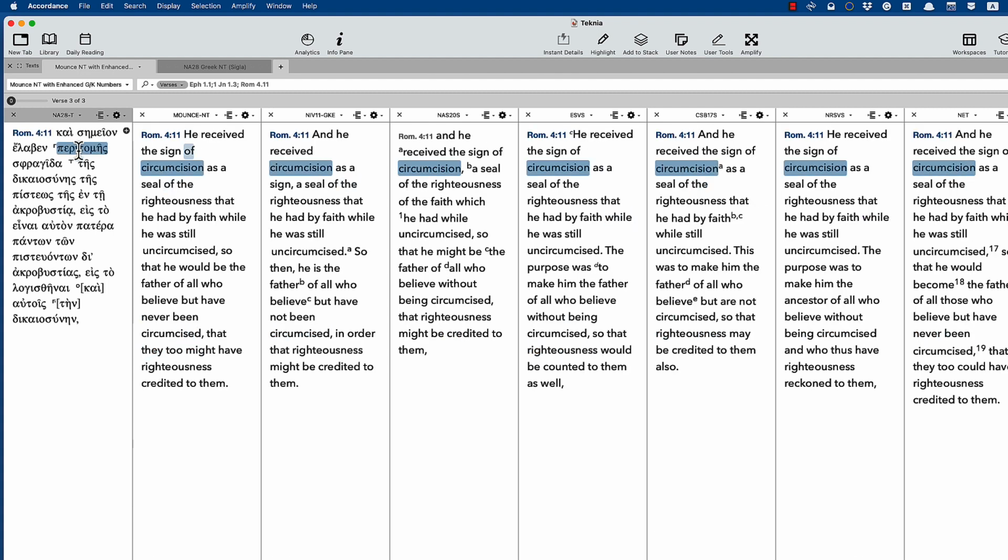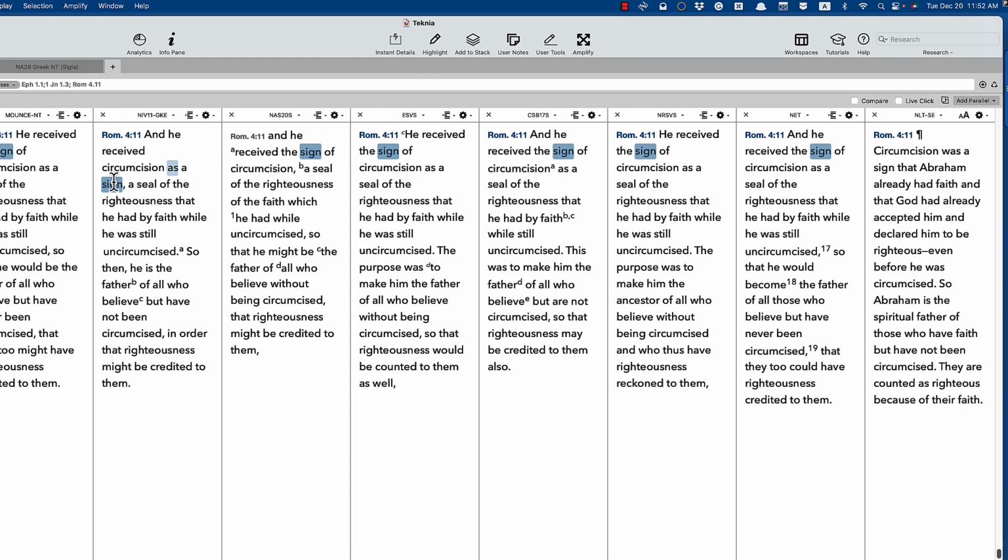It's interesting to see how the different translations handle this. I said he received the sign of circumcision. The NIV changes the order to make the appositional relationship clear: he received circumcision as a sign. And over in the NLT, it's circumcision was a sign.